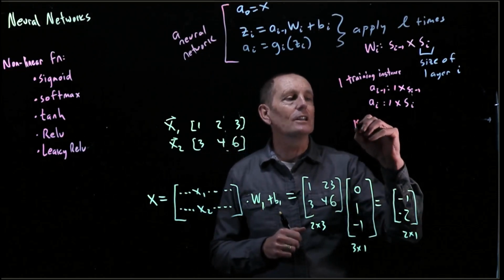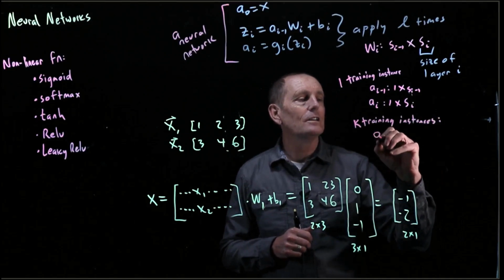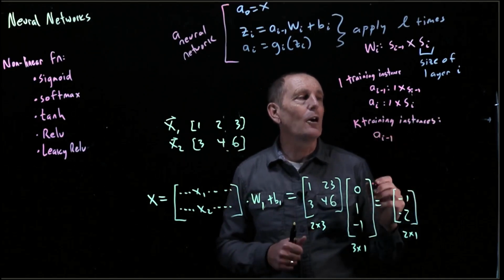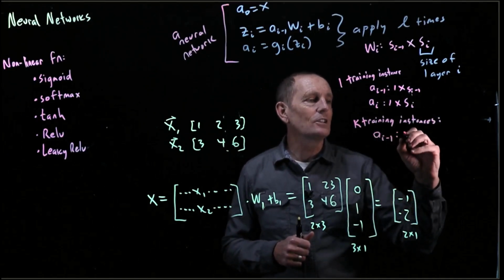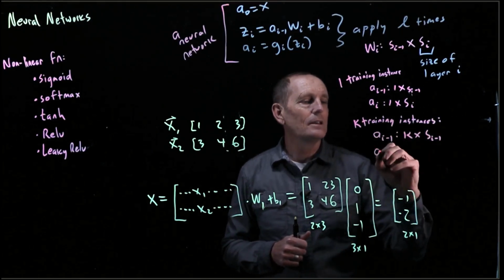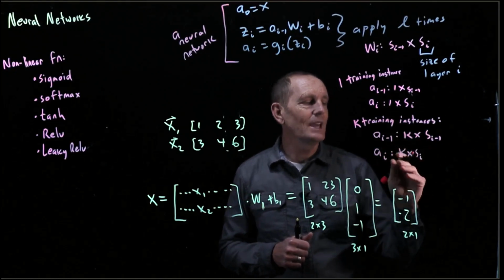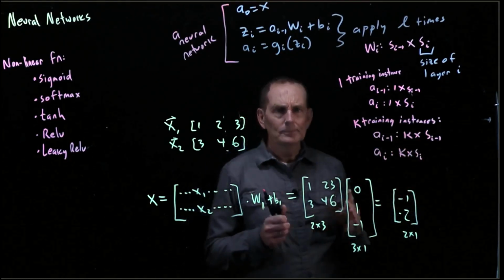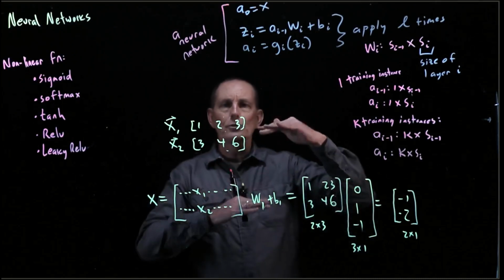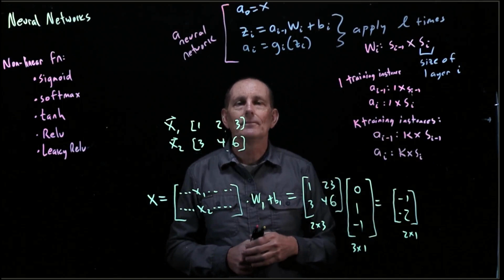However, if we have k training instances, then all of a sudden, the output of the previous layer is actually k by s sub i minus 1. And the output of this layer is k by s sub i. Right, so the number of rows in the input are actually the separate training instances.